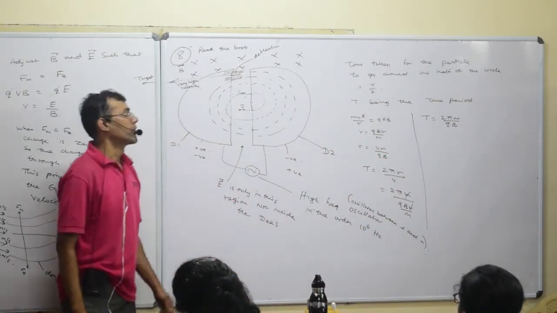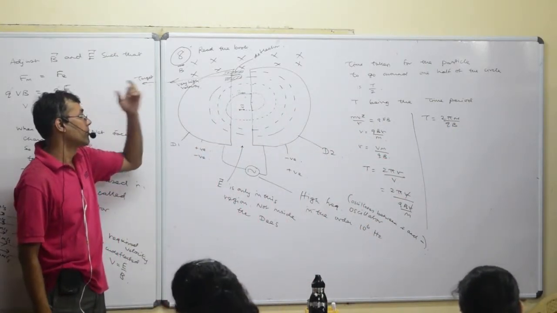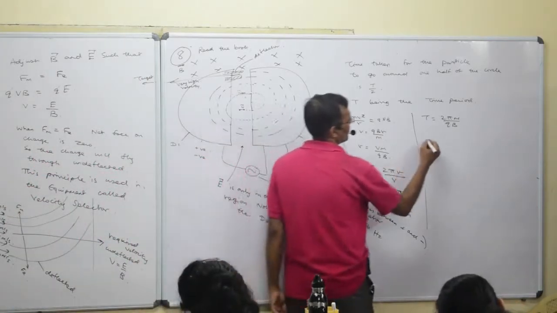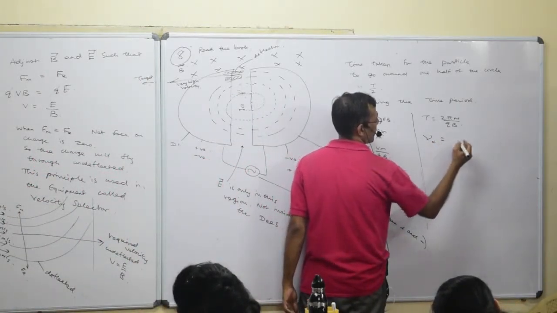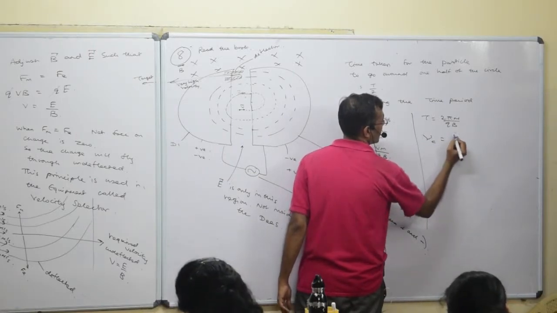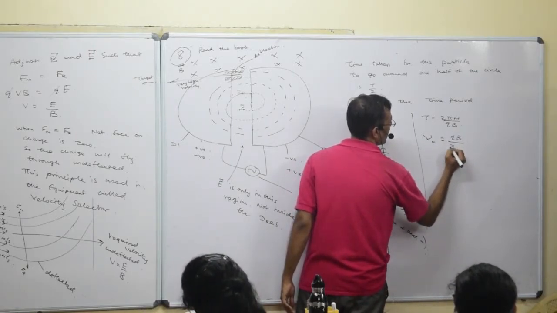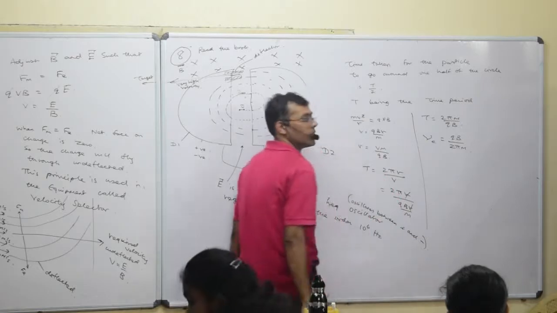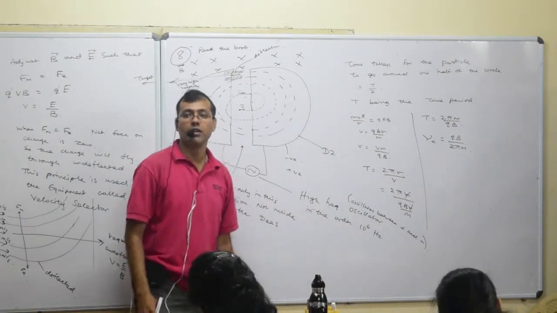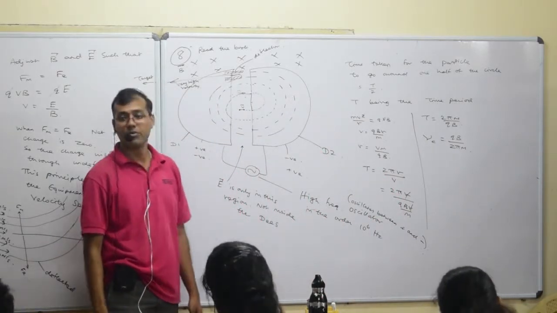Nothing new, the same concept you already did. If I want the frequency of the cyclotron, f_c is equal to qB divided by 2 pi m. Frequency is nothing but 1 by T, so it becomes the reciprocal.